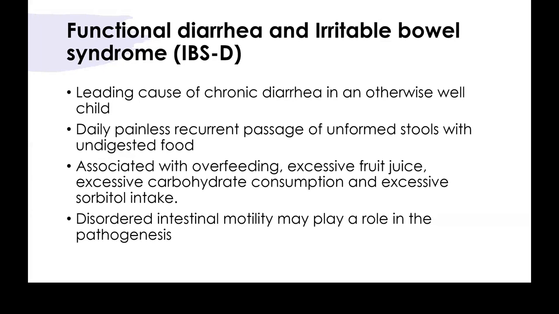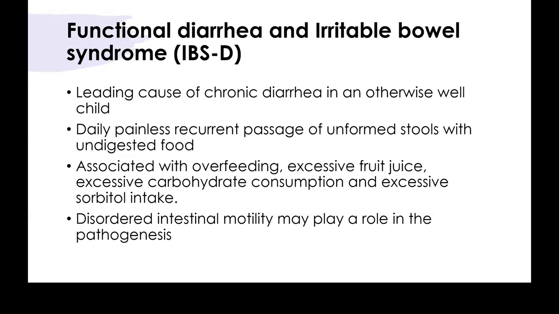Those diarrheas have now been classified as functional diarrhea, and it is included with irritable bowel syndrome. These children pass unformed stools. Some might pass undigested food, and most of the time they are painless stools.